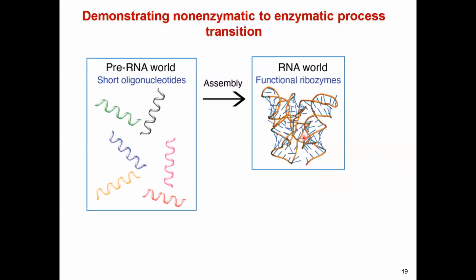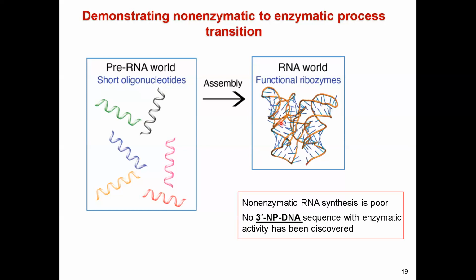But now that we know that ligation works well, what can we do with it? And so we wanted to demonstrate, and we looked in the literature. There was no, to the extent of our knowledge, clear transition from a pre-RNA world to a full RNA world. And so the idea here is that you would take these short fragments and you would assemble them into something that would have some type of beneficial function.